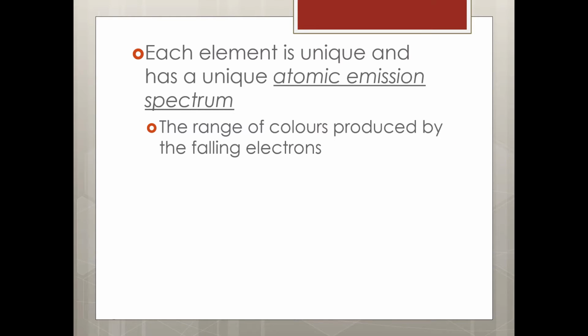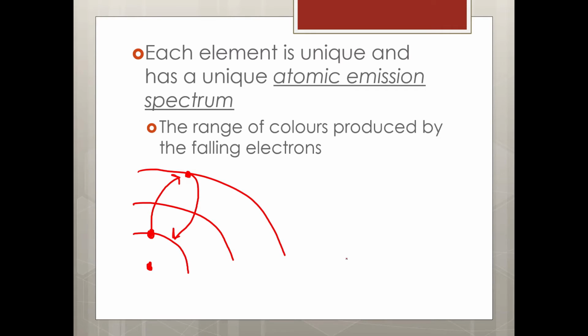Okay? So as the electrons fall, again, here I'll draw a slightly bigger diagram. Okay. So if an electron gains energy and jumps to here, when it falls down, it's going to release the same amount of energy. Now, however, that electron could choose to fall down to only this level, in which case it'll emit some energy.